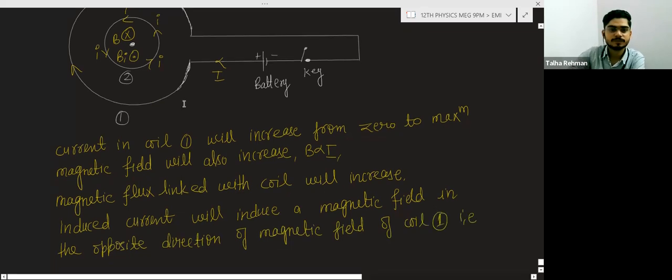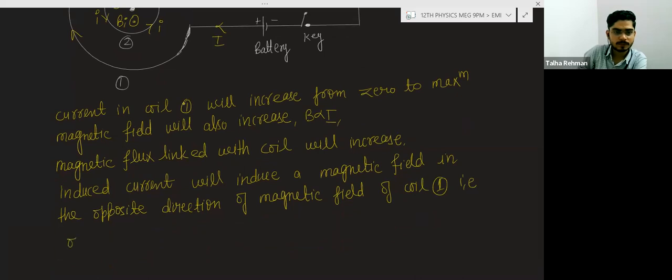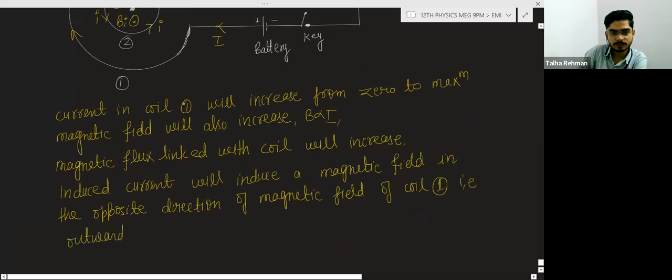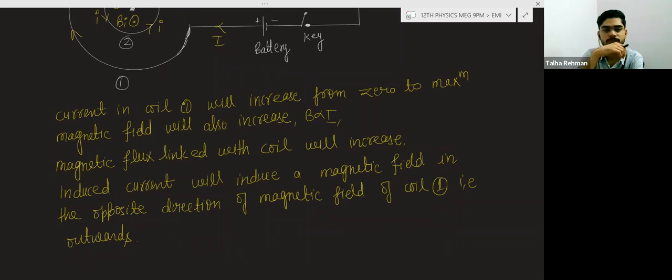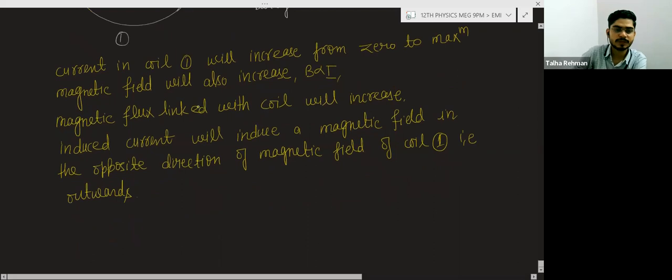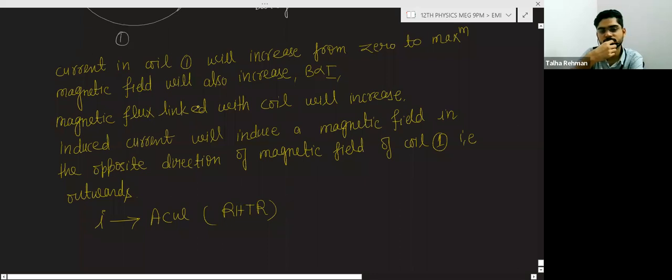That is outwards. So you can say your induced current will be anti-clockwise, given by right hand rule. This is the first answer of the first part.